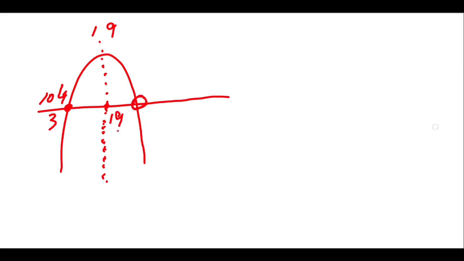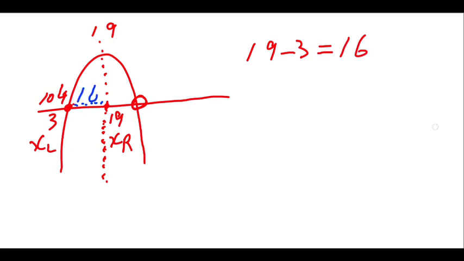So this is x left and this is x right. The x right minus x left will be 16. So from here till here, the difference is 16. This is the axis of symmetry, and from here till there is also a length of 16.